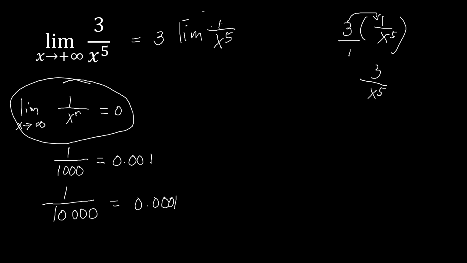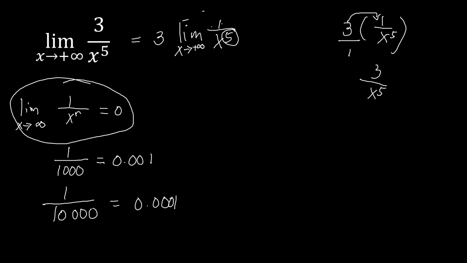So to evaluate the limit, we wish to come up with the format of the limit of 1 over x to the power of something as x approaches positive infinity, because no matter what your exponent is, the entire limit will always be equal to 0.